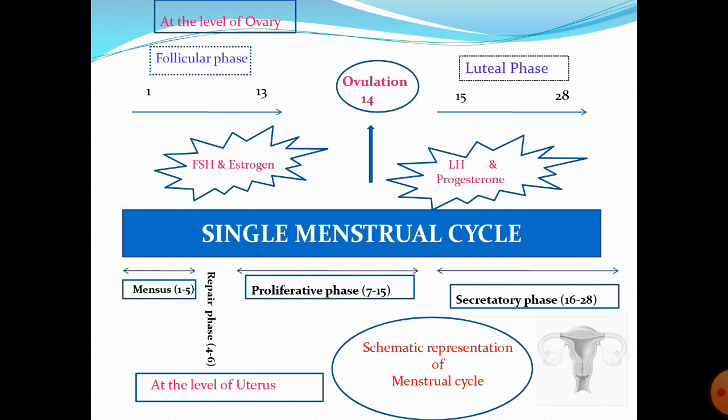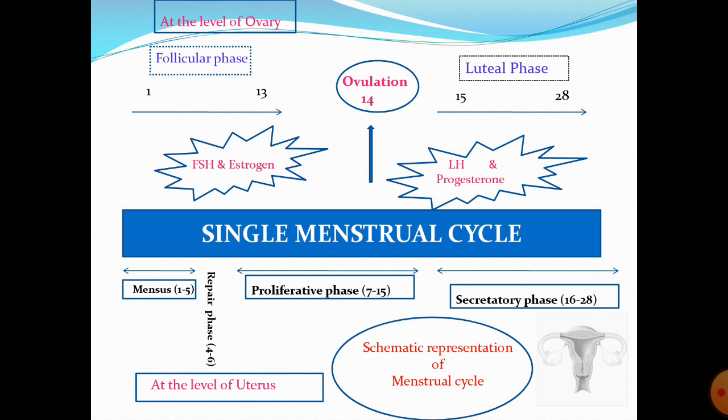When the repair and proliferative phases are undergoing in the uterine endometrium, at the level of the ovary, the follicular phase would have been completed and the Graafian follicle would be ready to release the ovum. On the 14th day, ovulation occurs and the corpus luteum is formed. The Graafian follicle, after ovulation, transforms itself into a post-ovulatory body known as the corpus luteum.